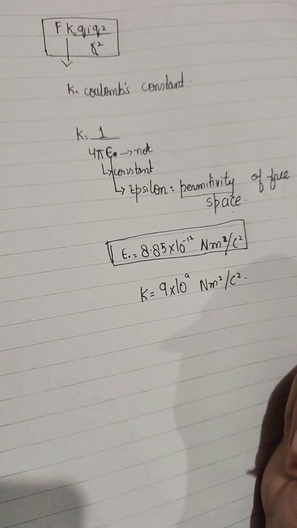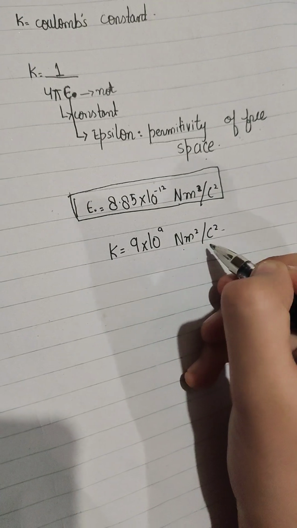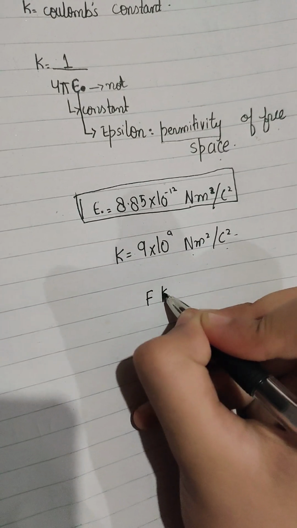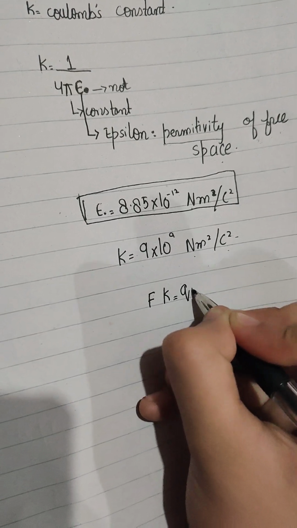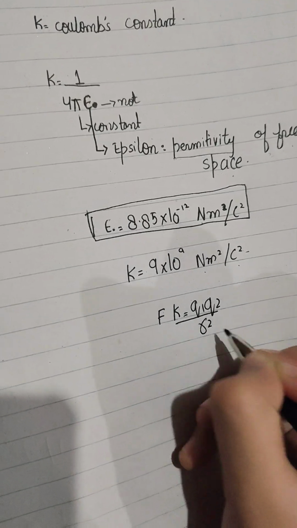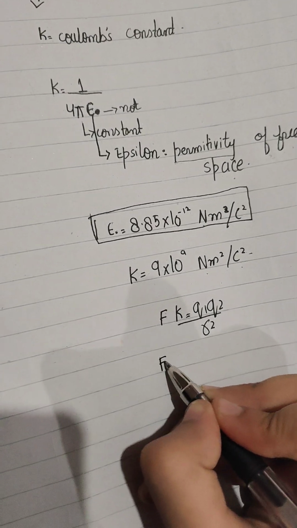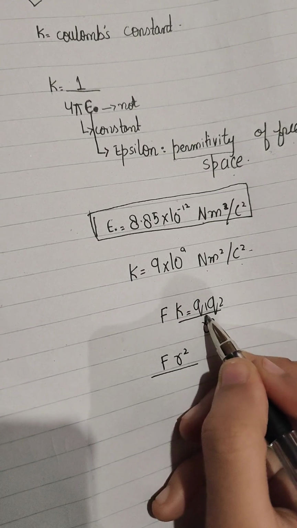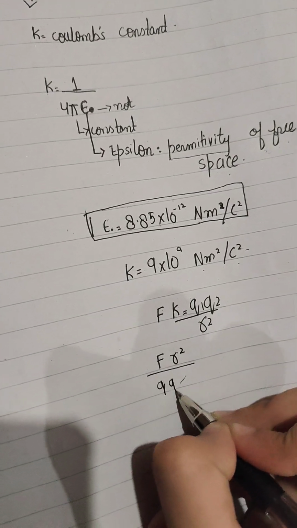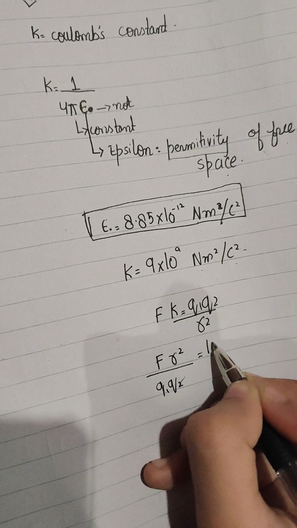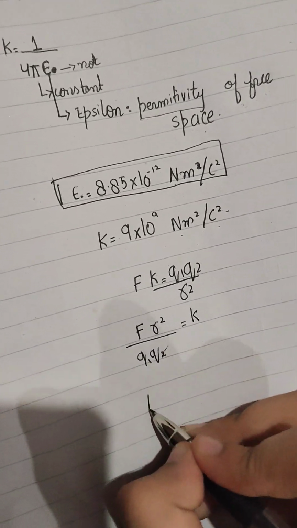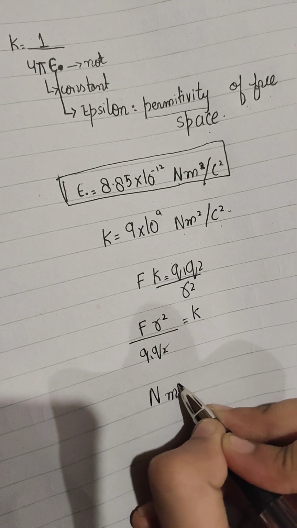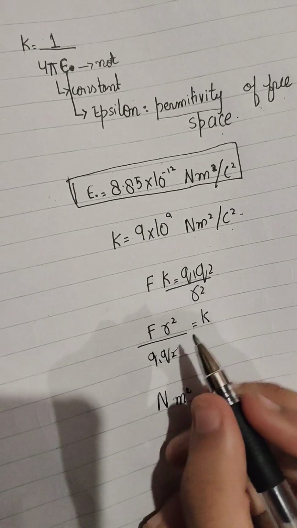If we want to prove how this unit came, K is equal to F R square over Q1 Q2. R square is dividing over here so it goes there, multiplied by coulomb square divides, and so on for K. We know that F is in Newton, R is distance, and the unit of distance is meter, and the square is also present here.